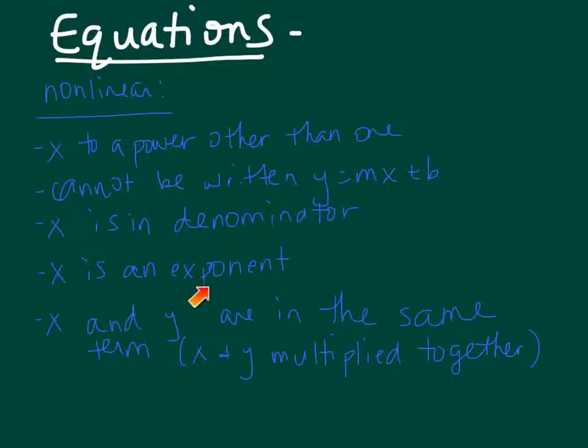Also, if x is an exponent, so if you have 5 to the x power, not linear. And then the last thing that you can look for is if x and y are in the same term, so if they're being multiplied together, you would have to divide by x to get the y by itself to be written in slope-intercept form, which means x would be in the denominator.